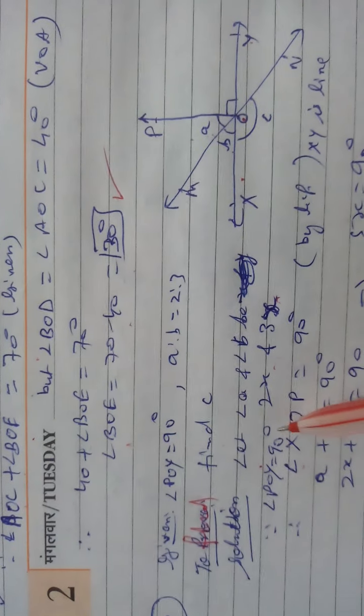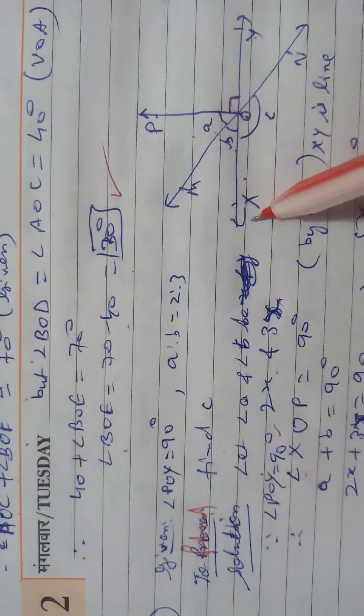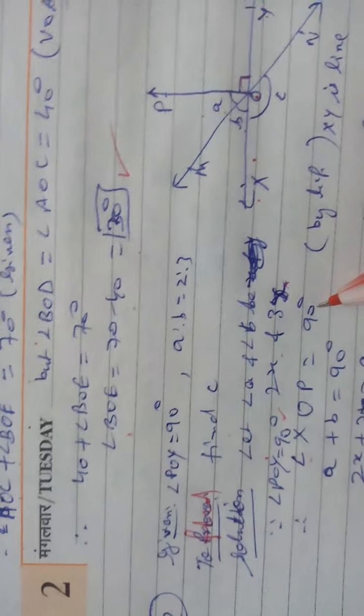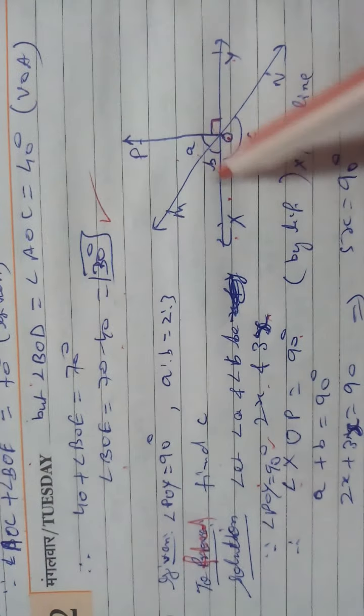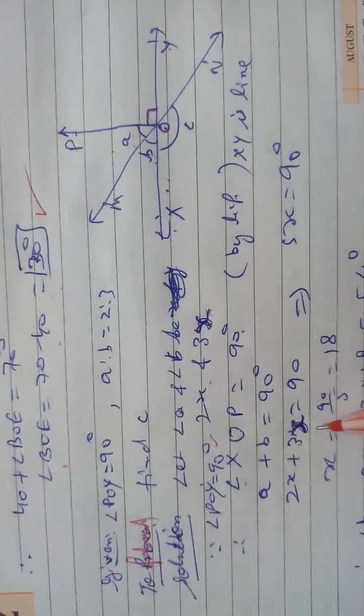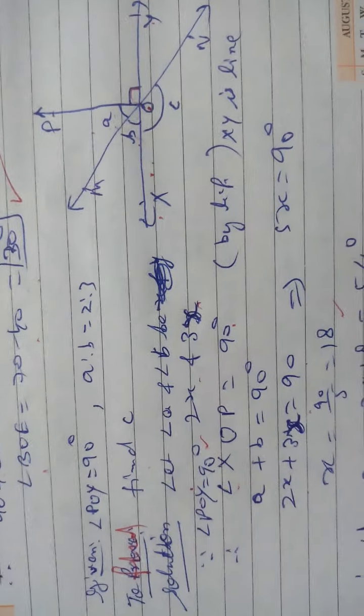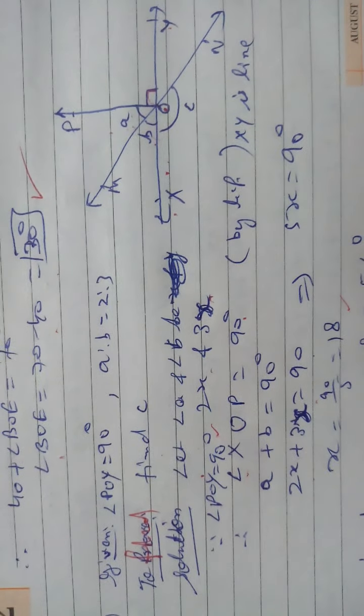Angle POY is given as 90 in the figure, so angle POX will also be 90 because of linear pair. This is the sum of a and b. So 2x plus 3x is equal to 90, which means x is 18 degrees.